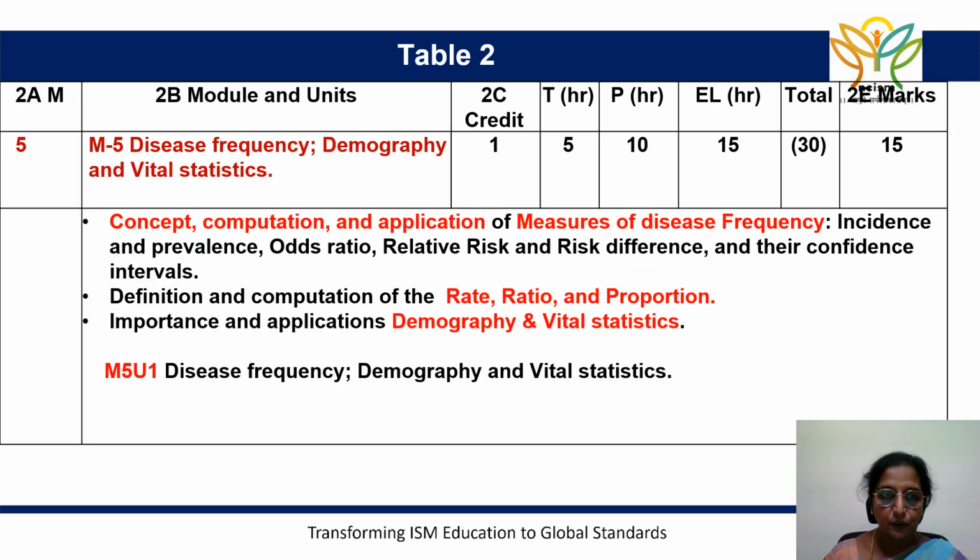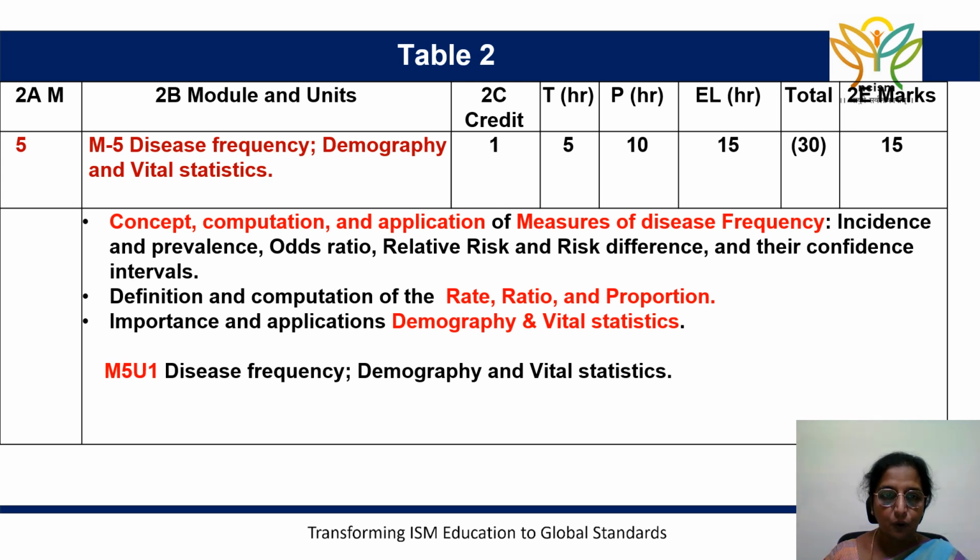Coming to the fifth module, this also consists of one unit with a broad title Disease Frequency, Demography and Vital Statistics. It carries 1 credit with 30 notional learning hours and 15 marks assigned for the university examination.